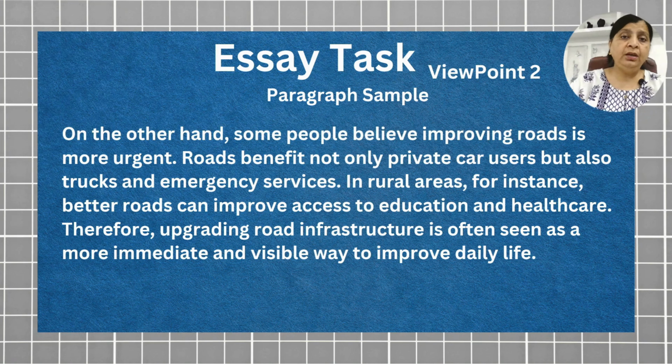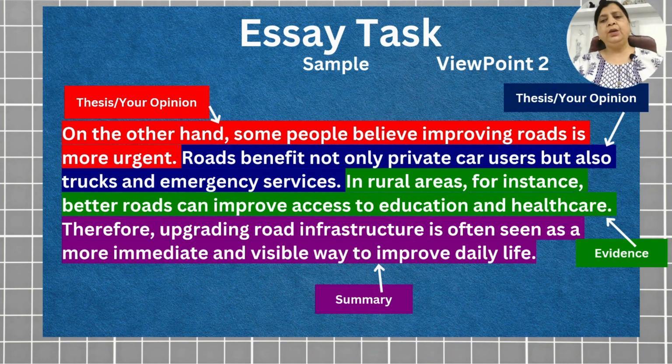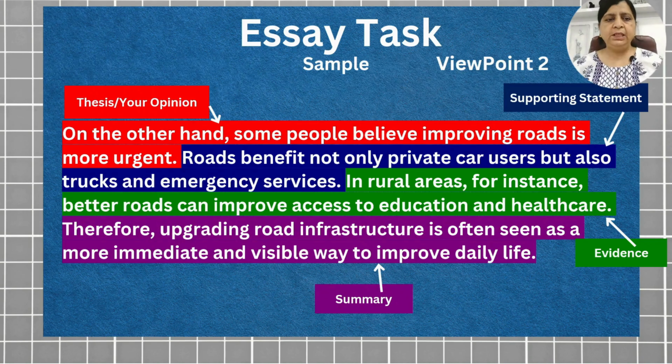Therefore, you are giving your reasoning, the consequence. So here you can understand it better. You can see the thesis, the supporting statement, in rural areas, that is the evidence, and the summary.